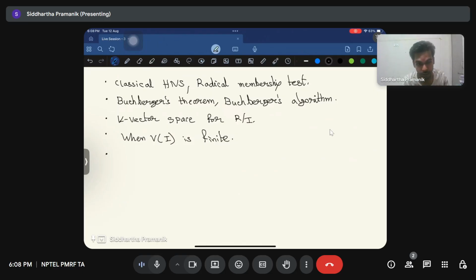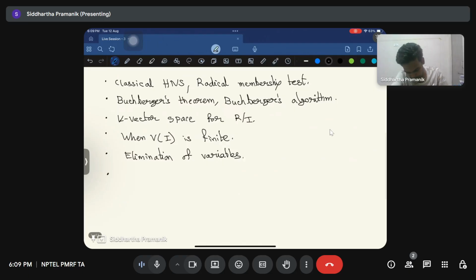And after that we have seen how to eliminate variables, that is, elimination of variables. As an application of this, we have seen how to find kernels of ring homomorphisms from polynomial rings to polynomial rings. And then we introduced module theory.